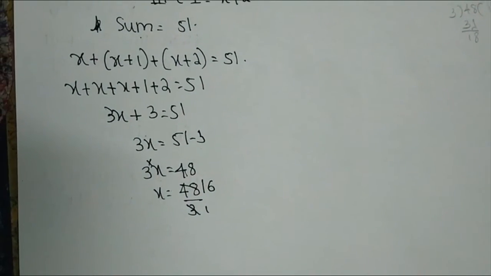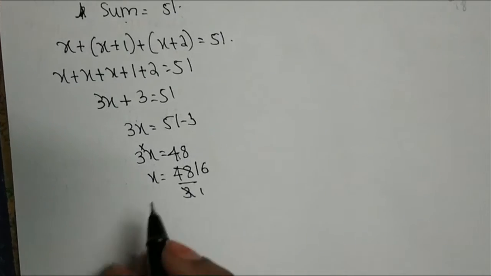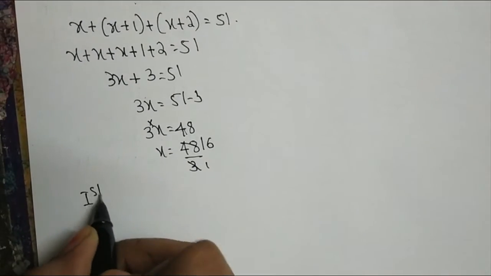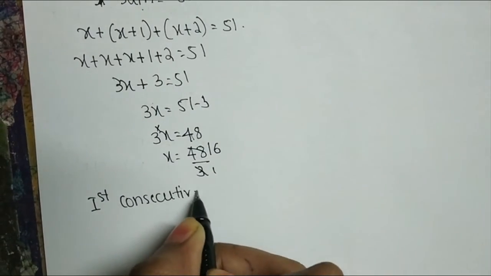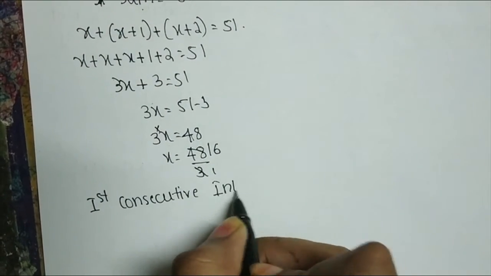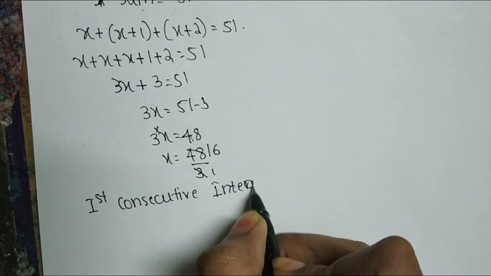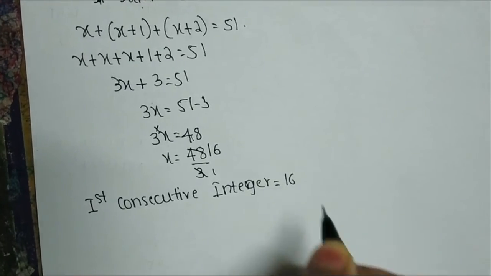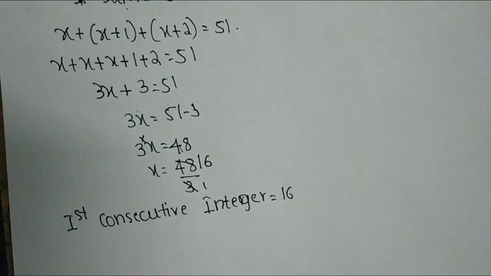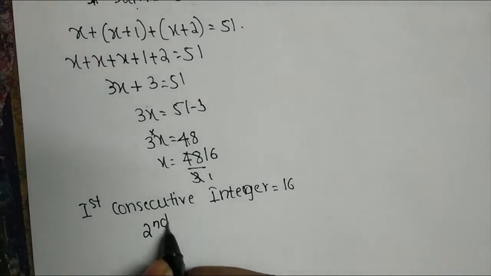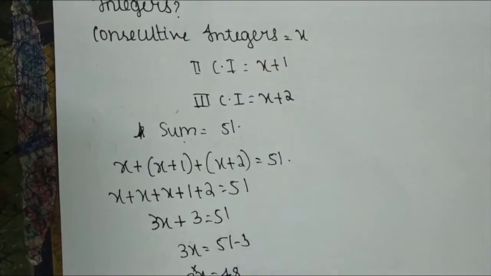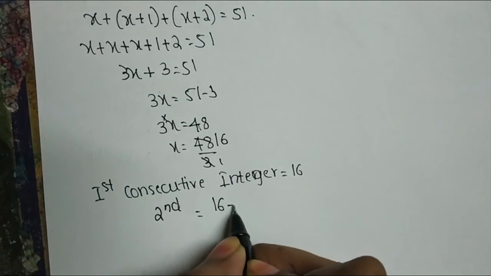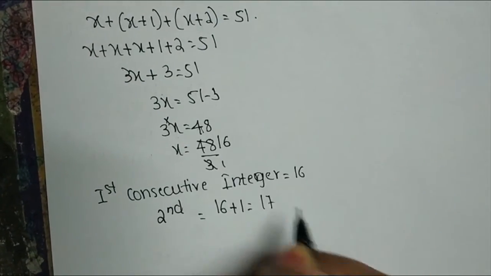That means the first consecutive integer, we got the value of x, that means 16. The second consecutive integer is x plus 1, that means 16 plus 1, we get 17.